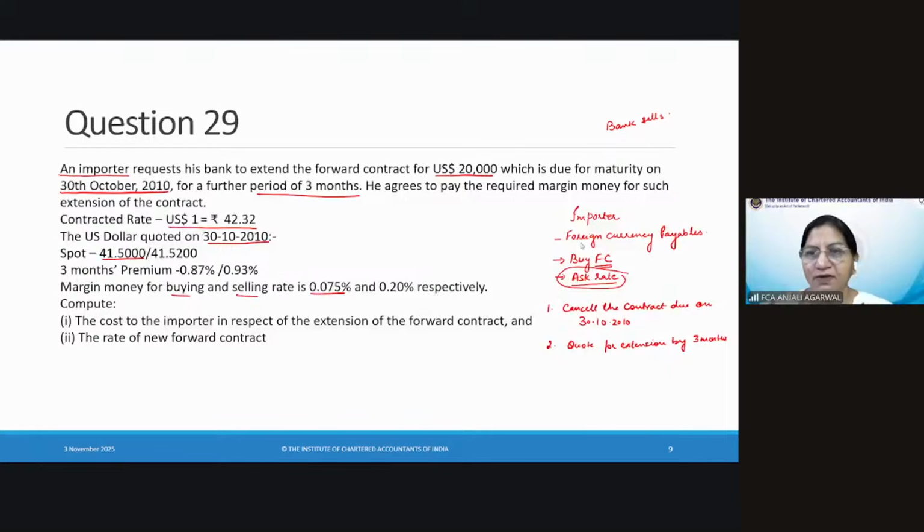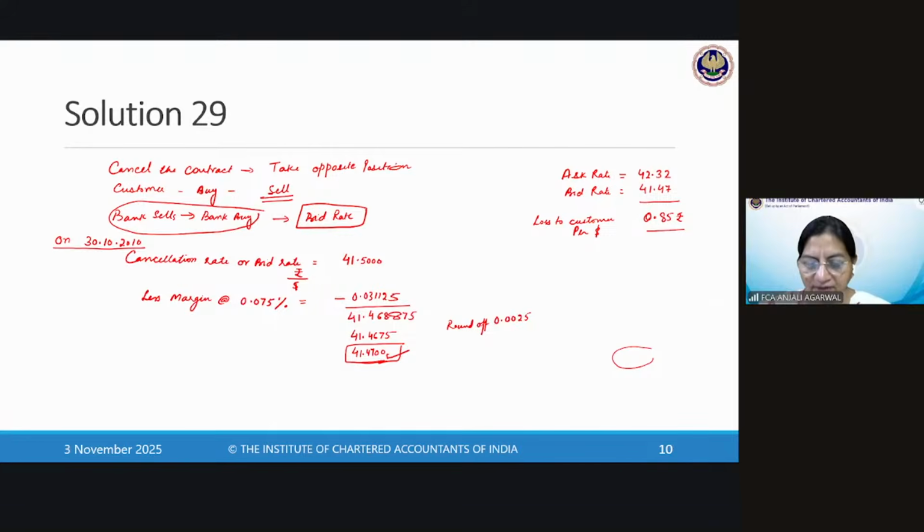And since he has contracted for $20,000, 20,000 into 0.85 is 17,000. Total loss due to cancellation, 17,000.